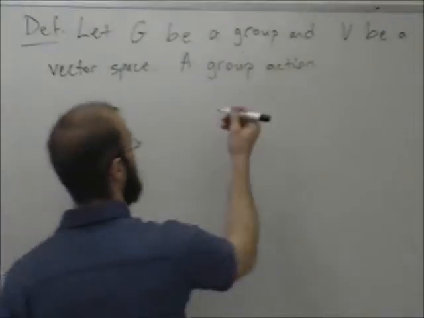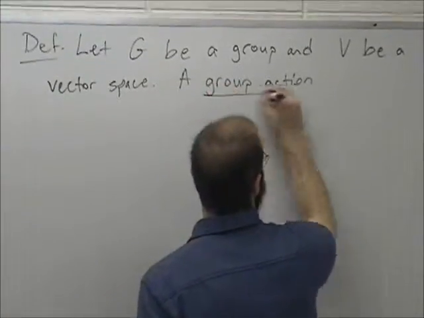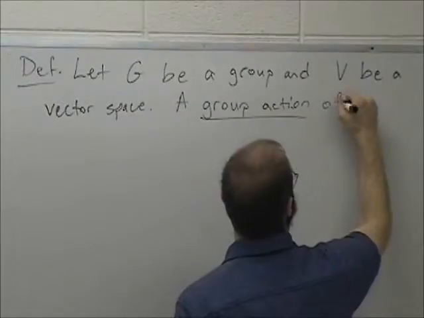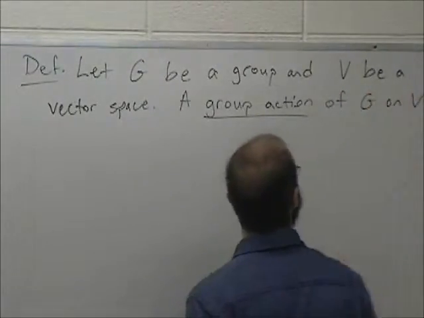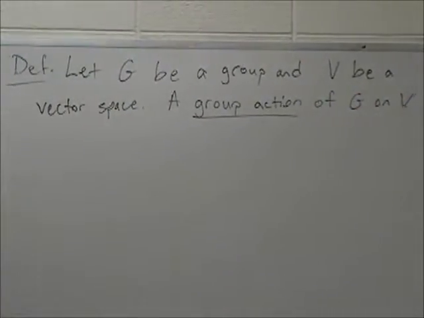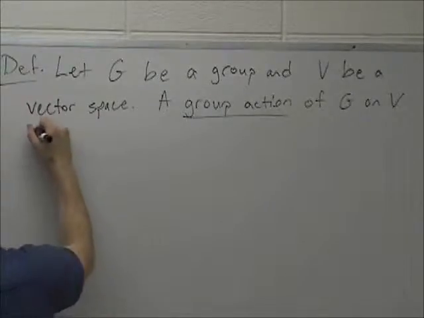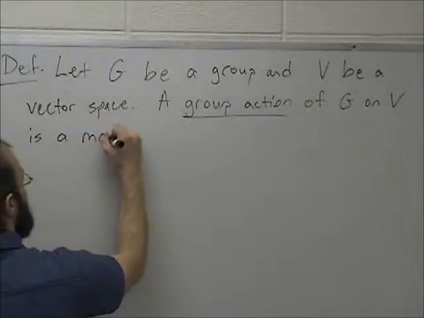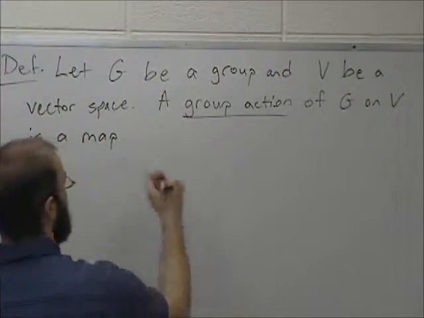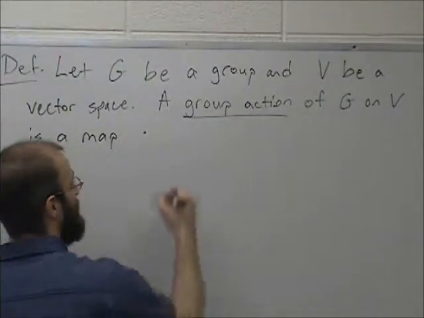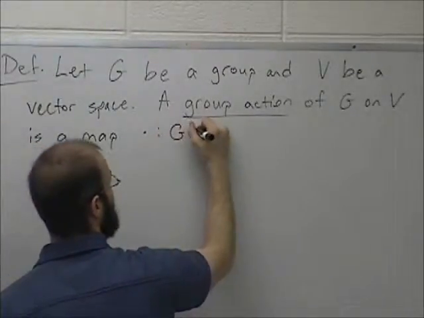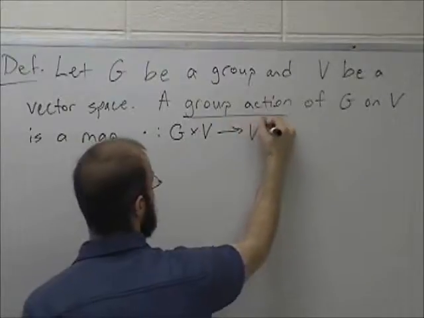You can actually have a group action on a set. But we're just going to look at a group action on a vector space. So a group action of the group G on the vector space V is a map, and I'll call it little dot, from G cross V to V.